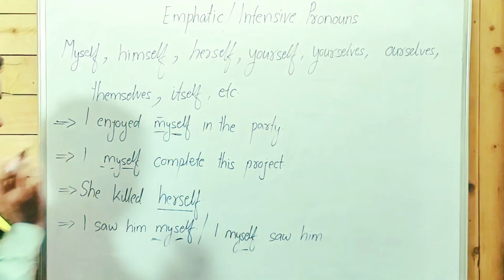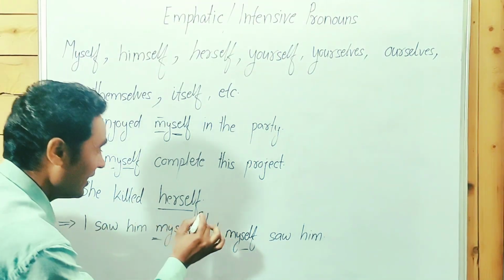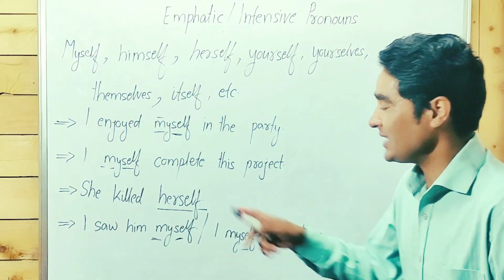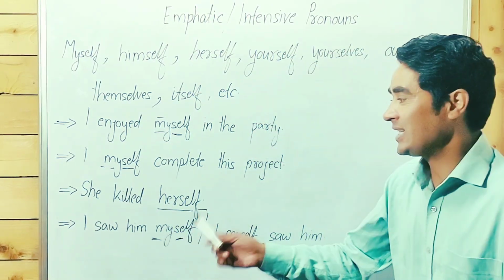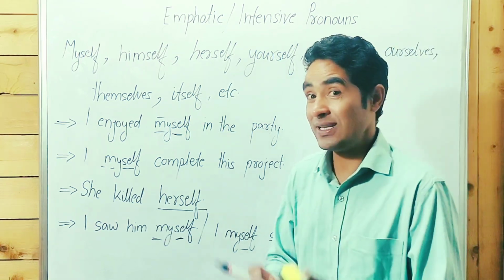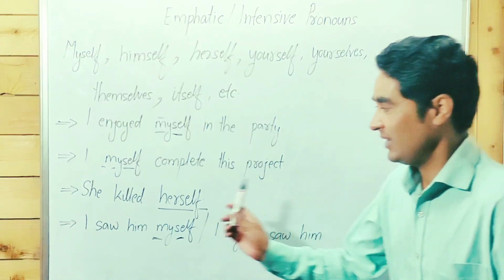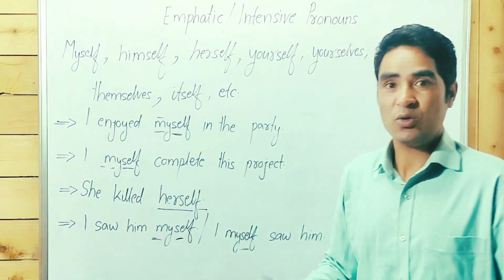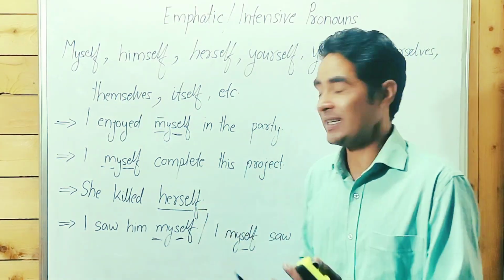She killed herself. This is a reflexive pronoun, guys, because it has been placed after a verb. So as you know, reflexive pronouns are used after a verb. If you remove it, she killed what? This is an incomplete sentence.